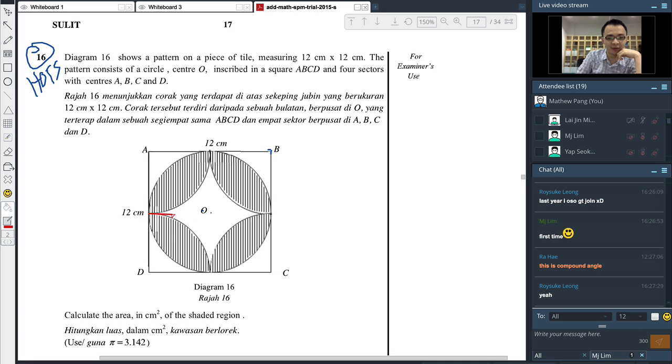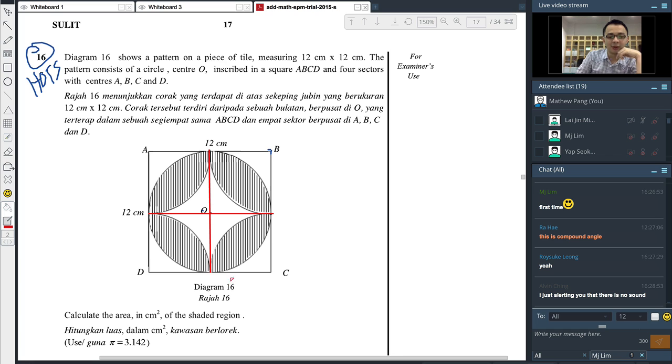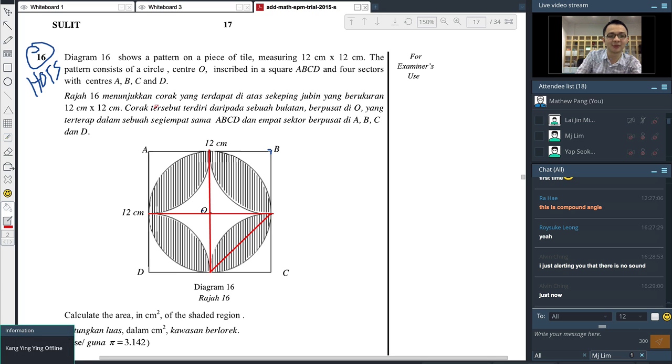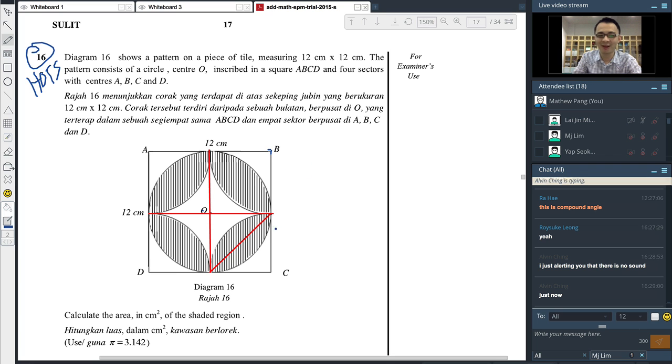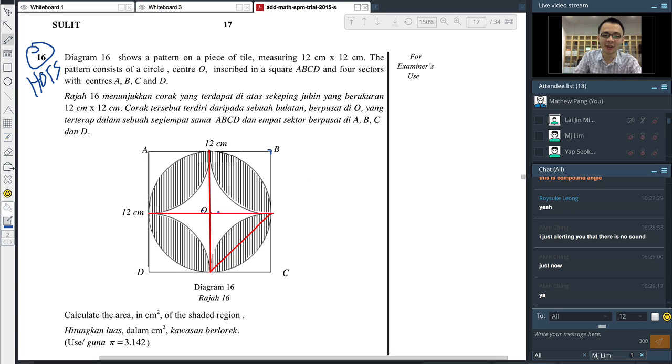Because this is the center point, I'm going to cut here, and here, and then I try to make one triangle, because I know this will be an isosceles right triangle. Oh, you alerted me, sir, but now it's okay, right? Thanks for that.